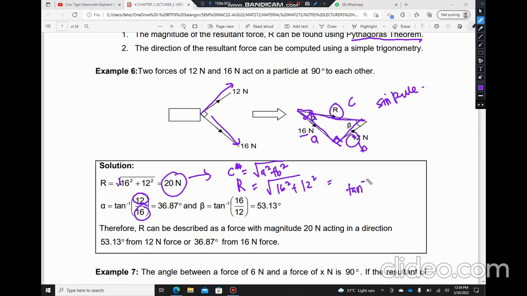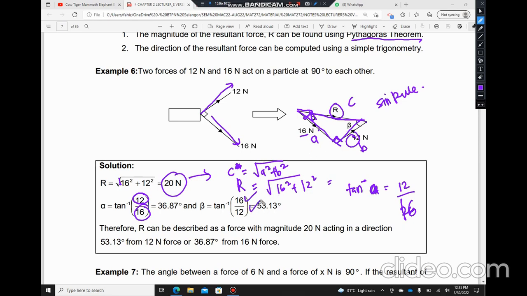Because this one tangent, tangent alpha equals opposite 12 dengan, tangent dia bukan opposite hypotenuse, dia opposite dengan adjacent. So adjacent is 16. So dia akan dapat alpha is 36.87.